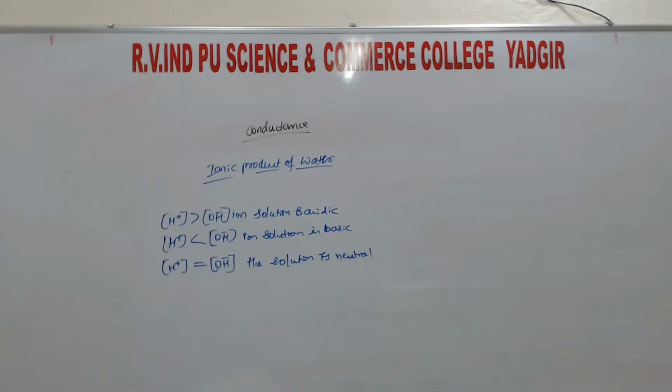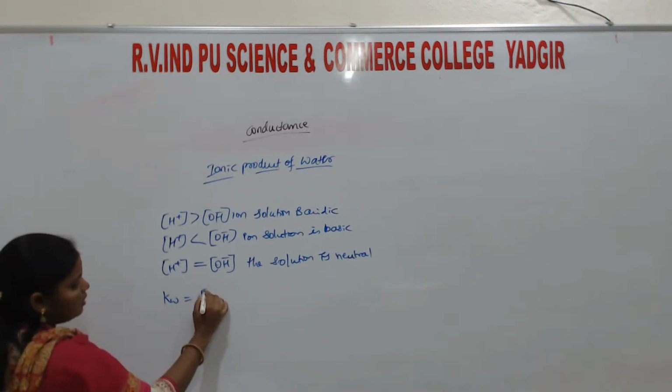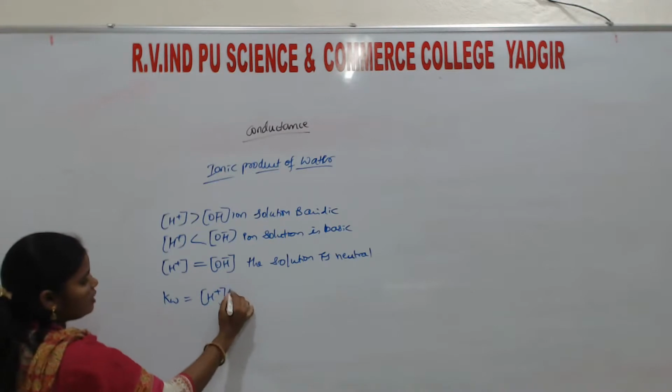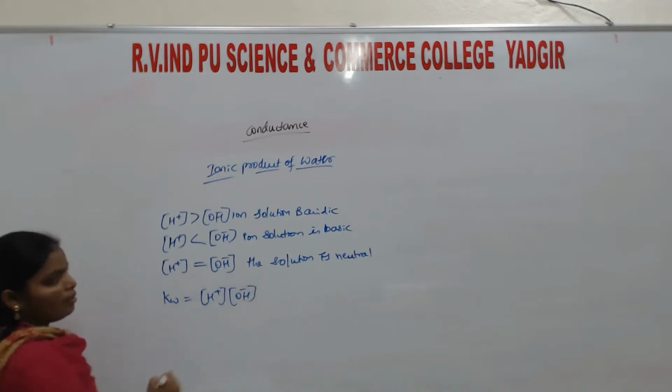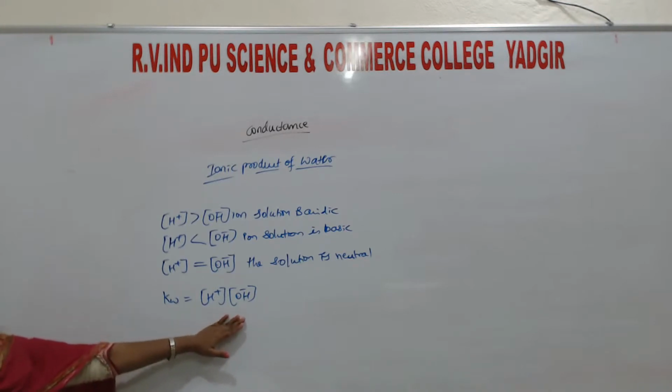And here, considering Kw is equal to the concentration of H plus and the concentration of OH minus, we take the negative logarithm on both sides.